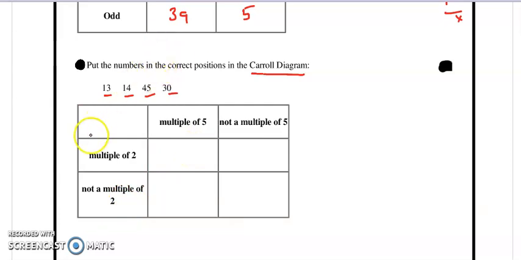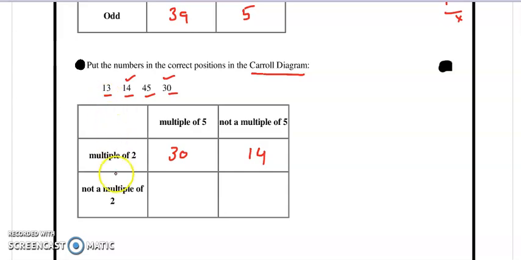If I look at the multiples of 2, here are two, 14 and 30. Out of these, 30 is a multiple of 5 also, so it will be written here. But 14 is a multiple of 2 but not a multiple of 5, so I will write it here.